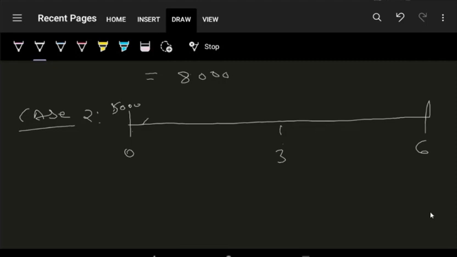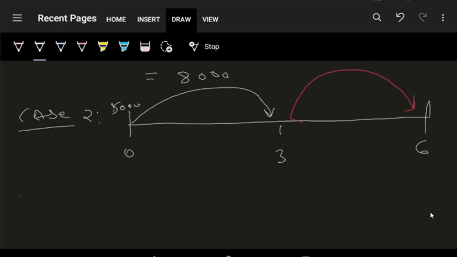So I will invest this amount for 3 years, then I will get the accumulated amount in time 3, then I will reinvest that amount again for another 3 years.